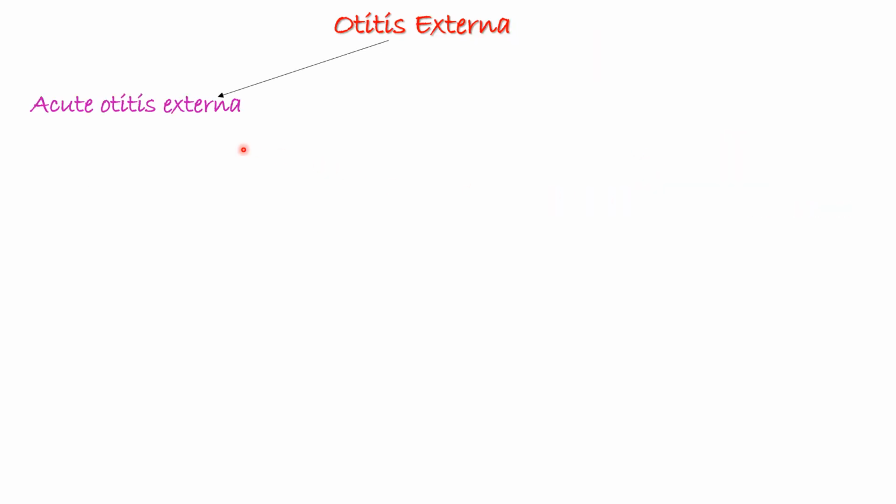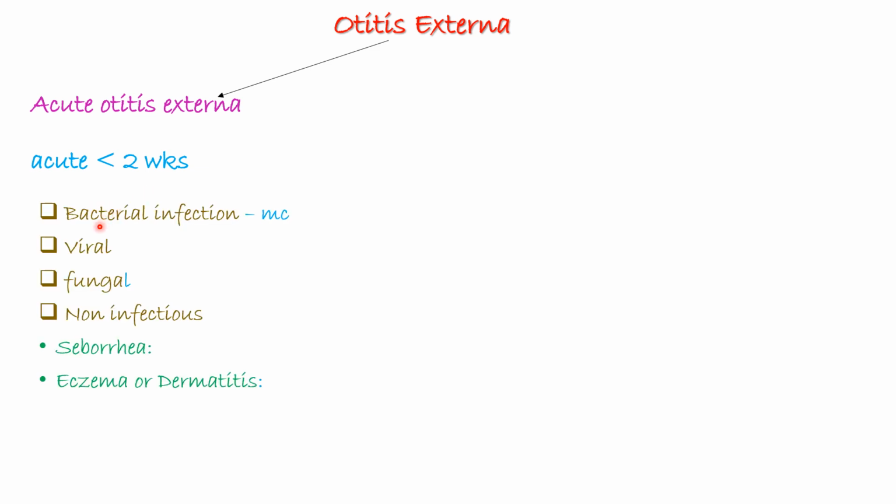Otitis externa can be classified according to the timeline in which it occurs: acute otitis externa and chronic otitis externa. Acute means it occurs in less than 2 weeks. Here it is most commonly caused by bacterial infection, most commonly Pseudomonas aeruginosa.